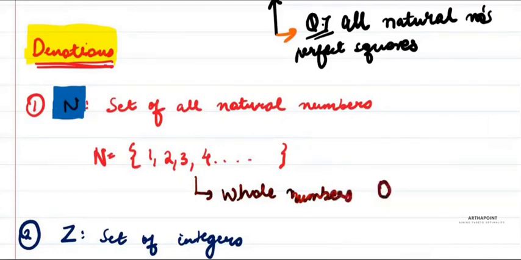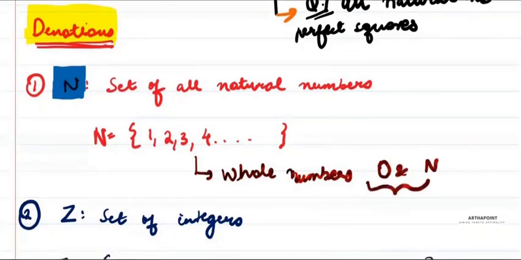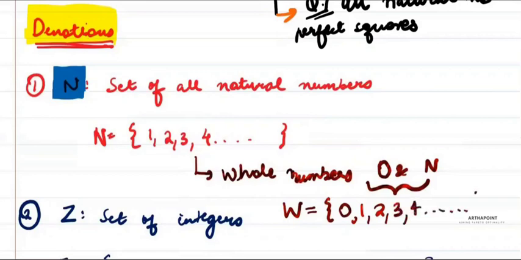So 0 and natural numbers together form my whole numbers, which means that I can write the set of my whole numbers starting from 0. 0, 1, 2, 3, 4, etc. Otherwise, it's the same. Very, very rarely will we be talking specifically about whole numbers. Usually, we will consider natural numbers, that is the definition that I would be using.